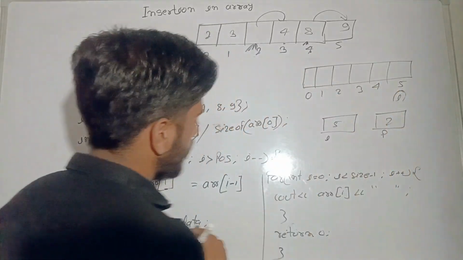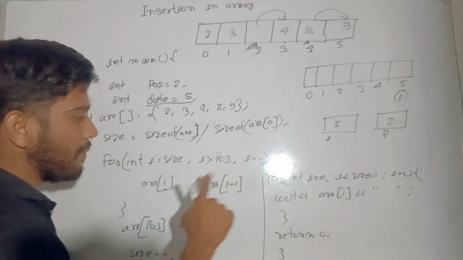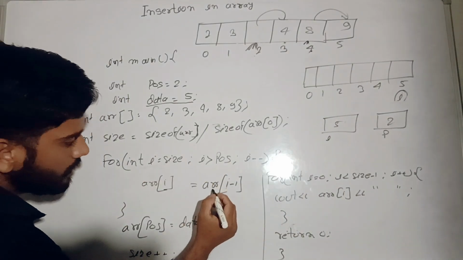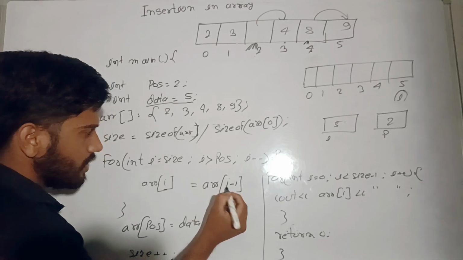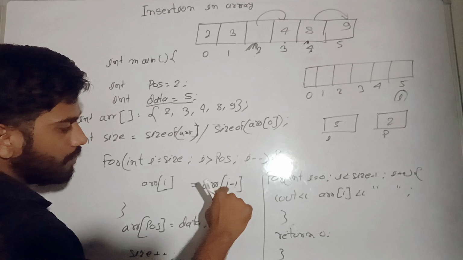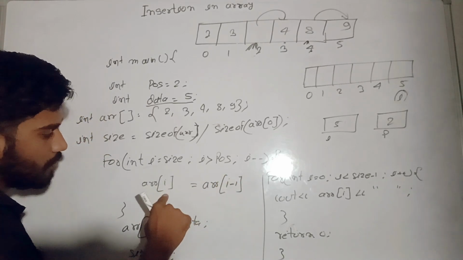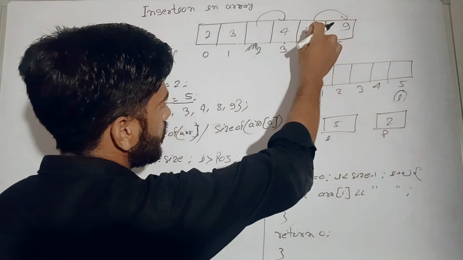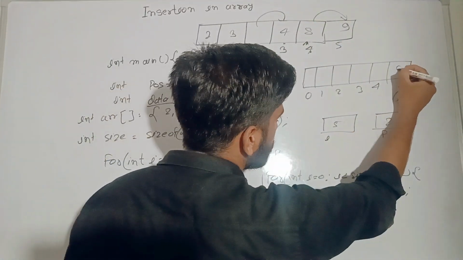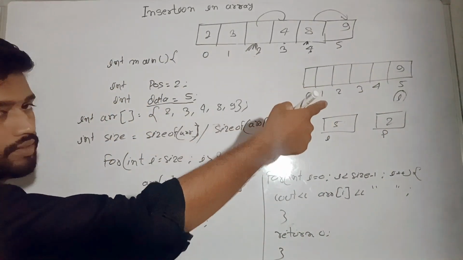Yes, 5 is greater than 2. Then we will enter the loop and array of I is 5, 5 minus 1, 4. Whichever element is present at 4, we will insert at the position of 5. Now data 8 has been present at the position of 4, then we have inserted it at position 5. We have to shift.